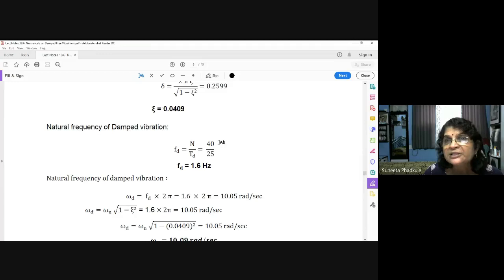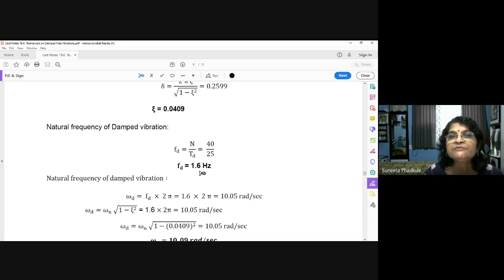Whenever you are confused about a formula, you see what unit you are getting. What is the unit of frequency f? Cycles per second. To find fd, how many cycles are completing? 40. What is the time required? 25. So cycles per second, that will give you hertz. Understood? So 40 upon 25 is 1.6 hertz.